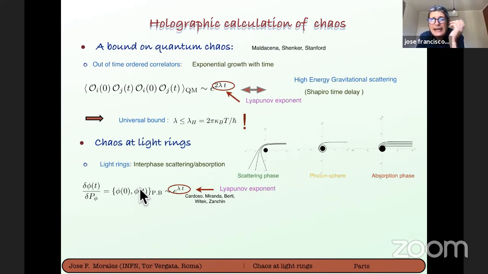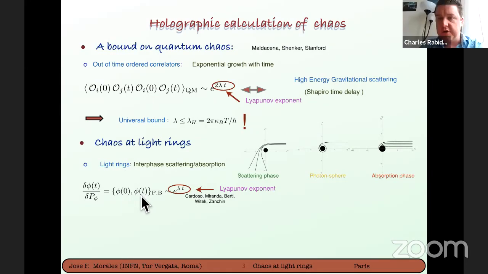Sorry, but the observable that you're considering is the position of a geodesic in the bulk, whereas the observables in the bound on chaos are observables in the quantum theory, right? The observable I'm computing is the variation of the position with respect to P. This is the Poisson bracket of this phi at the classical level, but at the quantum level, this is translated exactly into this out-of-time-order correlator.